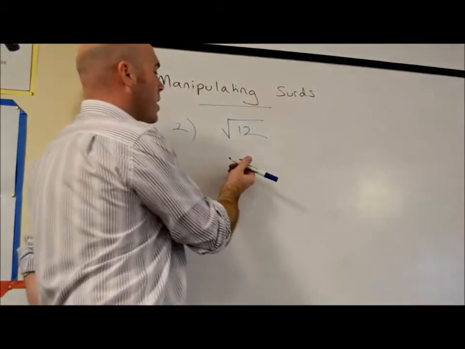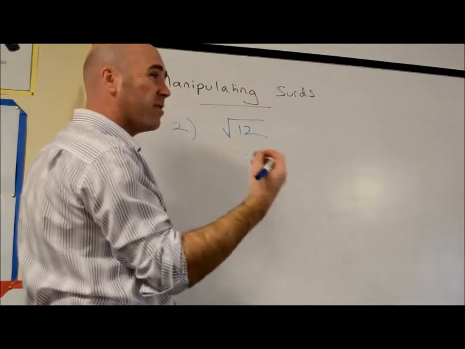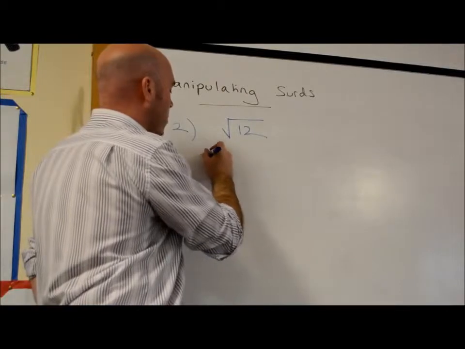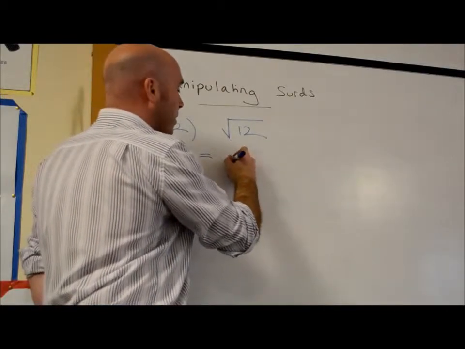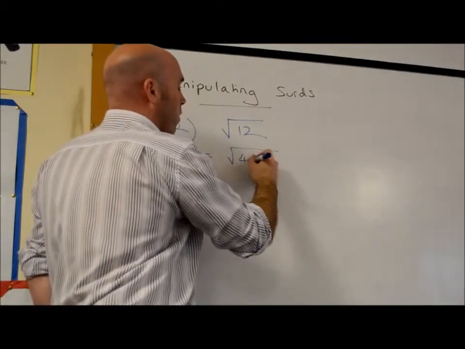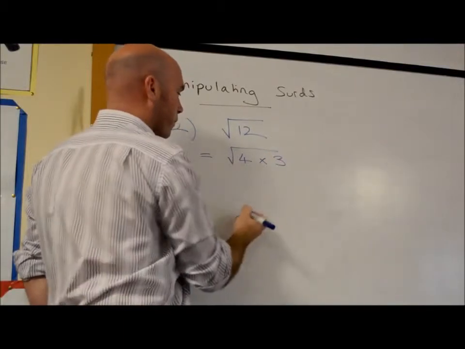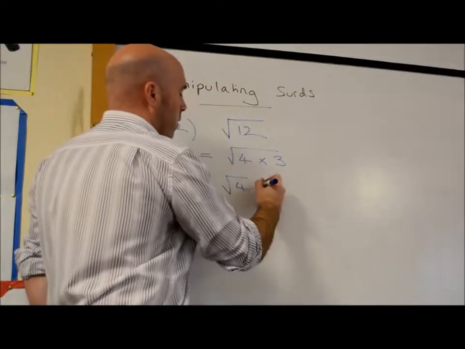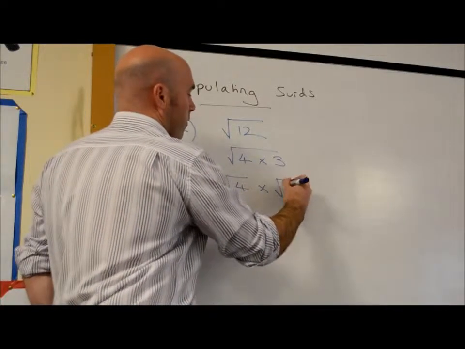So it's a case of spotting this to begin with. You could rewrite this as follows. You can rewrite the square root of 12 as the square root of 4 times 3, which equals the square root of 4 times the square root of 3.